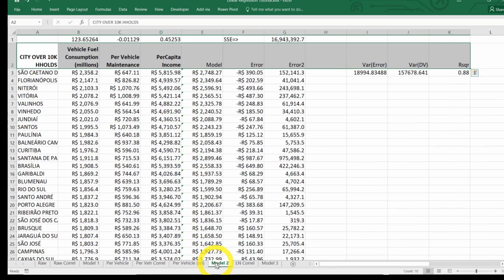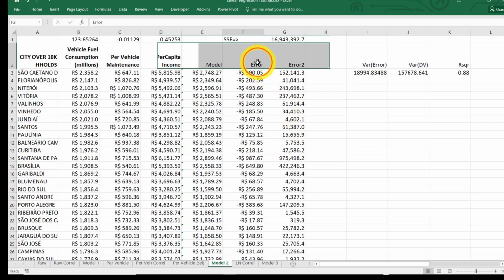And I repeated exactly the process that I described earlier on. And here are my error and error square. This is my sum of squared errors, which we minimized by using Solver. I found the intercept and the two regression coefficients for vehicle maintenance per car and per capita income. And we got an R square of 0.88, which is not as good as what we had obtained earlier on with all the predictors.